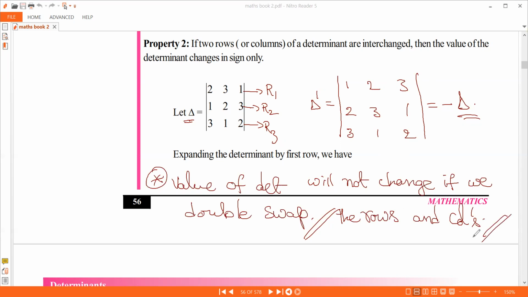Hope that's clear. So I will expand and show you why that sign changes. This example itself we will take and then solve it.